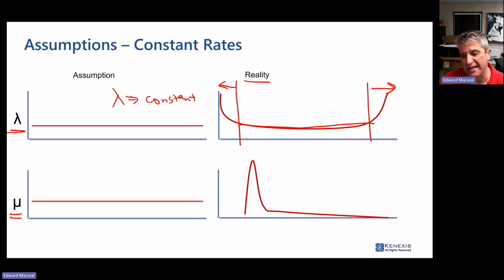The reality is that your probability of repair is going to follow something like a log normal distribution. There's a certain amount of time where it is physically impossible to make the repair faster.